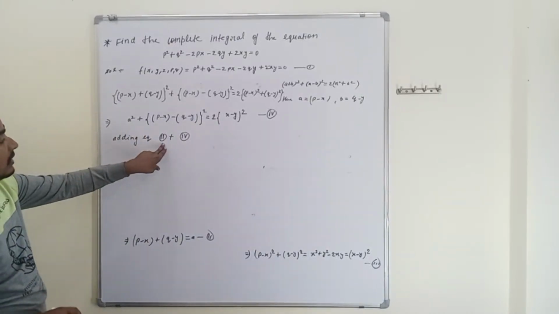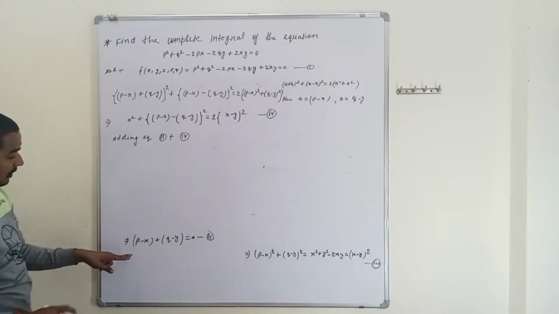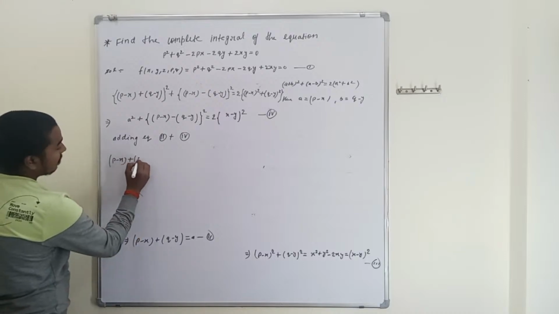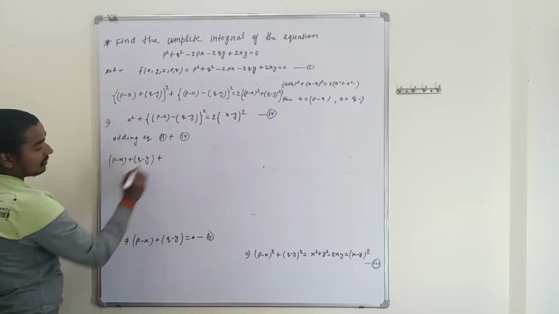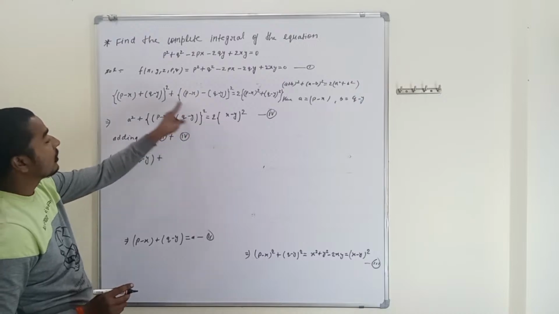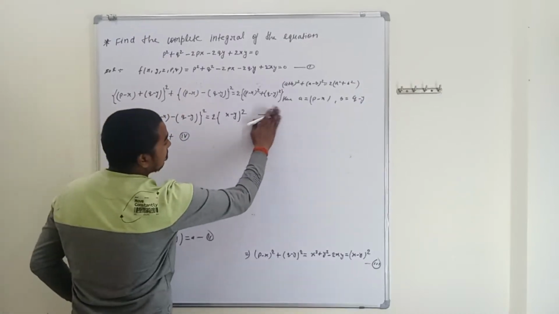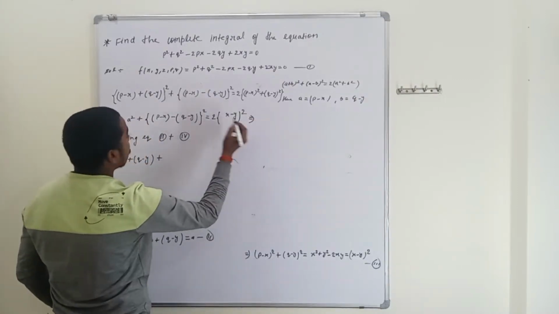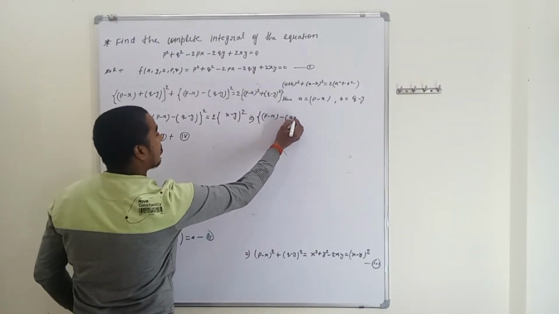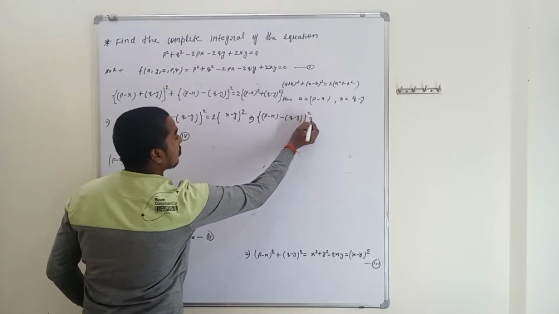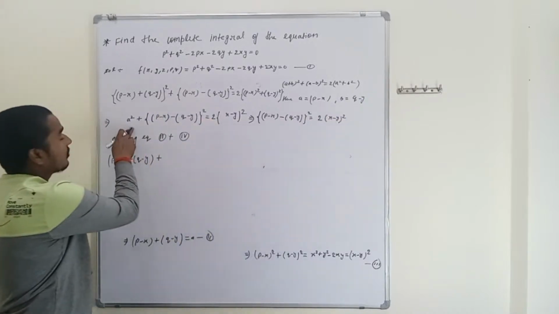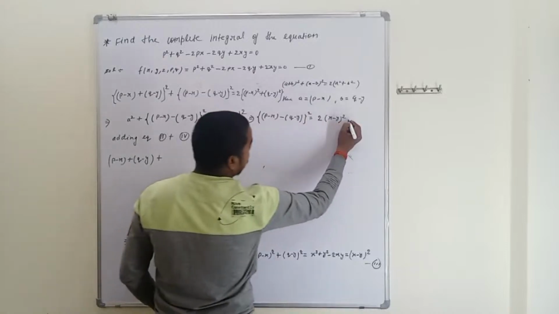Adding equation 2 and 5, that is equation 2 of left hand side is p minus x plus of q minus y, and equation fourth of once again, we can also write equation 4 in the form of, that is, p minus x minus of q minus y whole square is equal to 2 of x minus y whole square, and plus of a square is taken into right hand side, that is minus of a square.